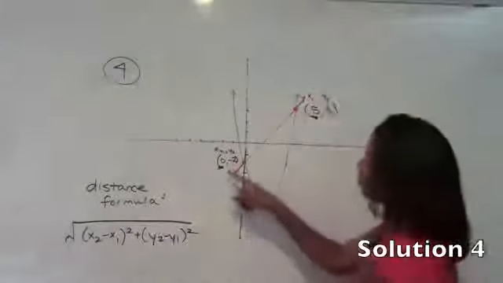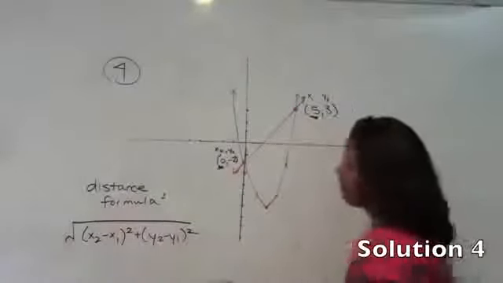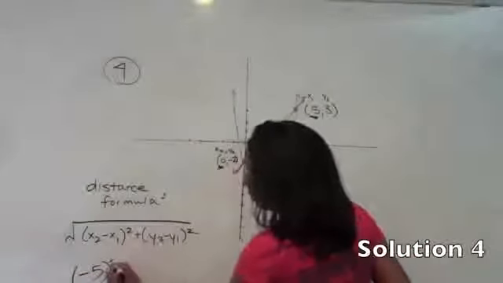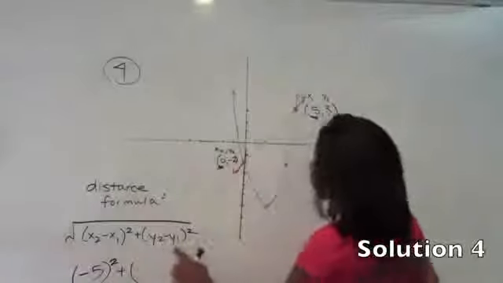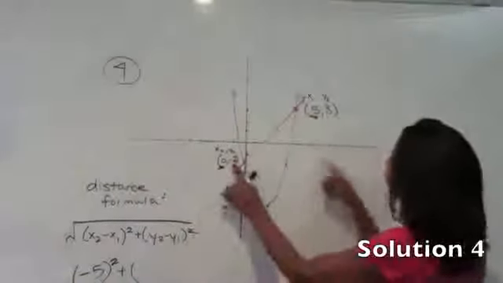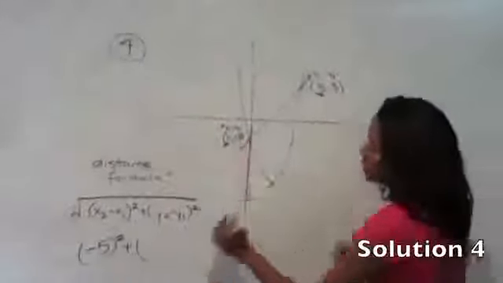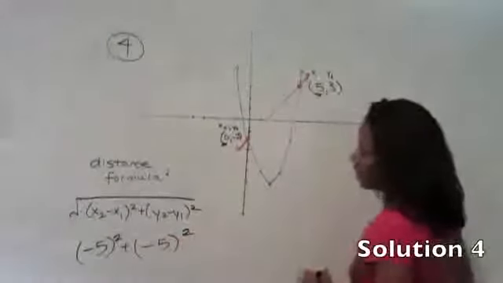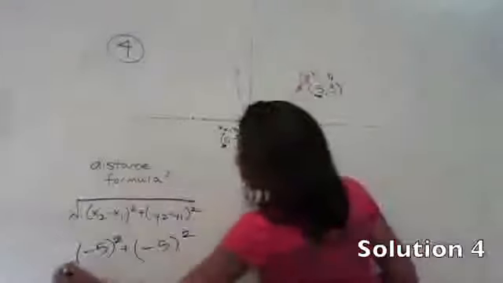Okay, so for x2 minus x1, I'm going to do 0 minus 5, which is -5, and then I have to square it, plus the change in my y's. That's -2 minus 3. So that's going to be -5 squared, and then I'm going to take the square root of that.